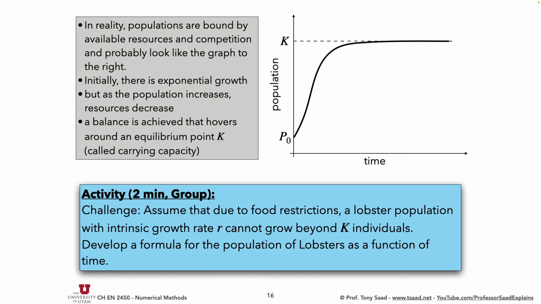How would you derive an equation for this population? The curve will look something like this. Initially, it's going to grow exponentially, but then it's going to stop. Just think about it. What would you do to come up with an equation that describes this population?